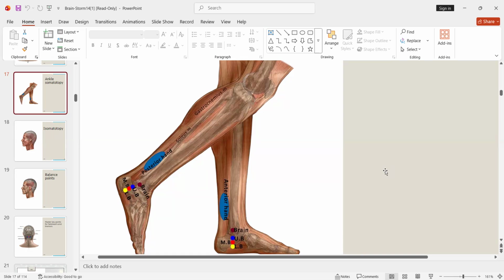So when there is a problem in your fingers and your finger is not opening fully, then you use the posterior hand point, the lateral side point on the same side.